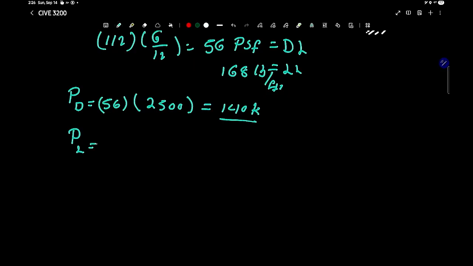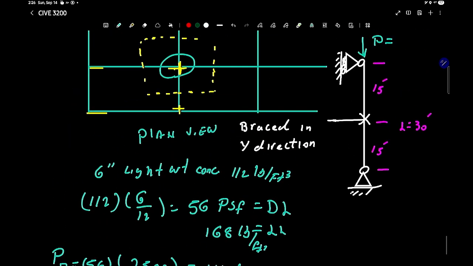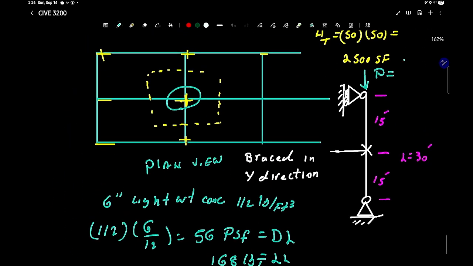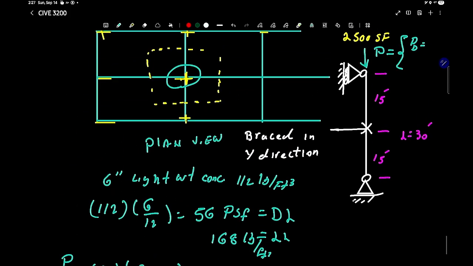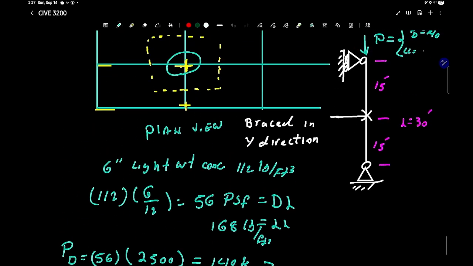And live load is going to be 168 times 2,500 square feet, and that gives me about 420 kips. So our load is going to be right here. PD was 140, and live load is 420 kip.